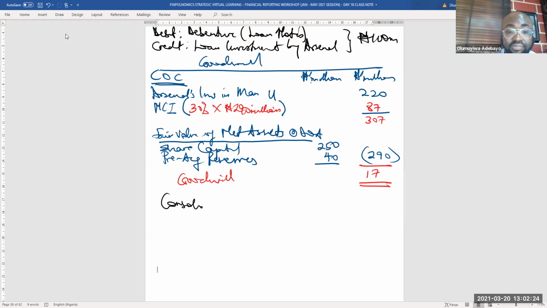Consolidated result and NCI as at the reporting date.